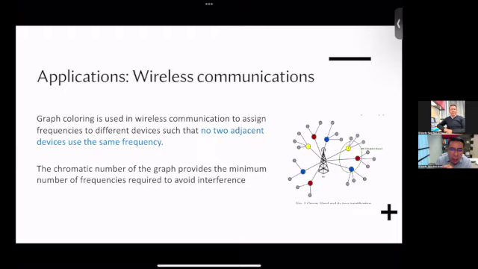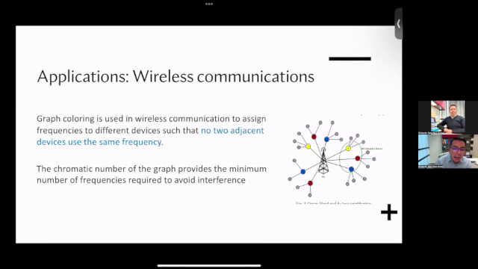So how can we manage the available frequencies so that we assign them properly? And again, this magic word of the chromatic number is going to give us the information on the minimum number of frequencies that we may require in order to avoid interference.